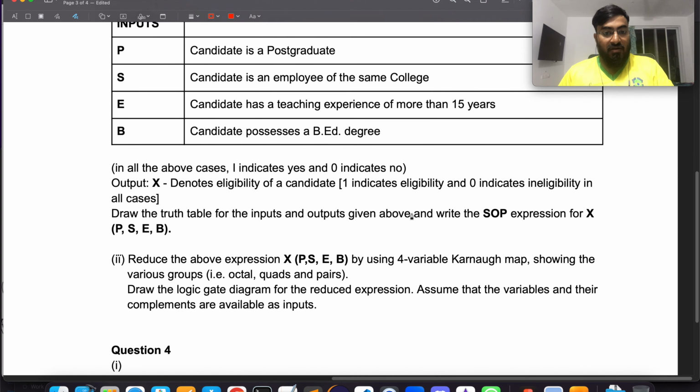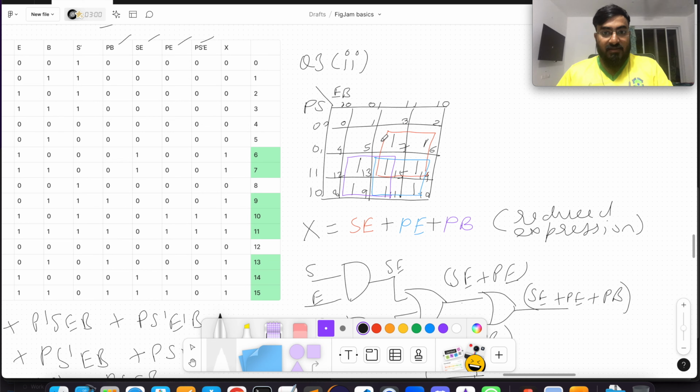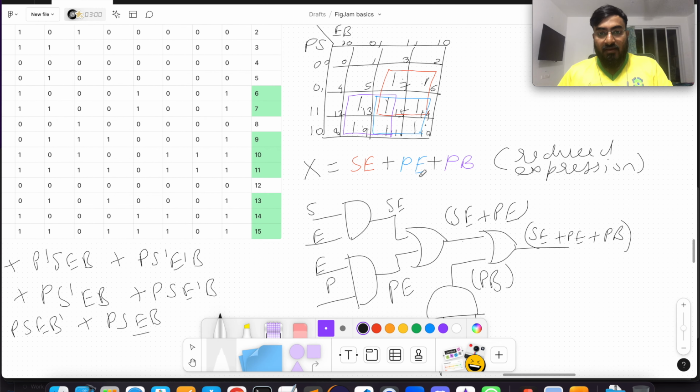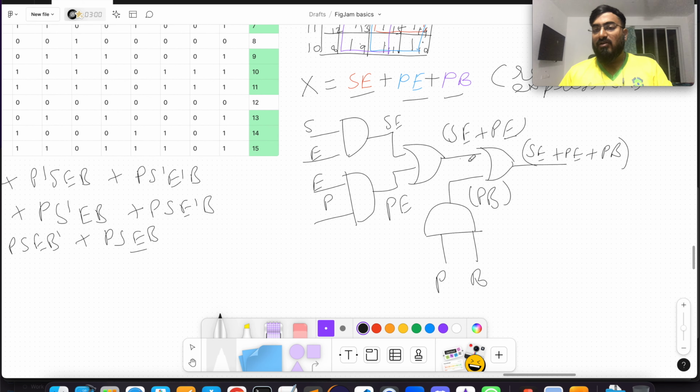In the Karnaugh map, you have 6, 7, 9, 10, 11, 13, 14, 15, so I get 3 quads. One quad is 7, 6, 15, 14, which is this SE. One quad is 15, 14, 11, 10, which is this. Another quad is 13, 15, 9, 11, which is this. This is your reduced expression, and this is your logic circuit.